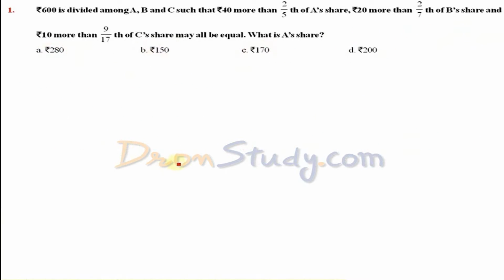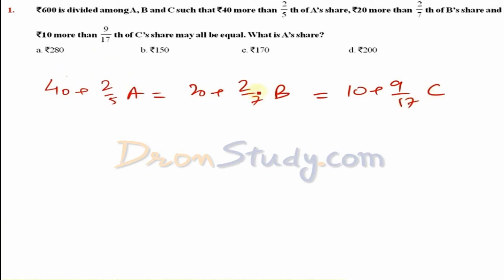I am solving it again. See, it is given that 40 plus 2 by 5 of A is equal to 20 plus 2 by 7 of B is equal to 10 plus 9 by 17 of C. The concept and the shortcut behind this method is that B should be divisible by 7.